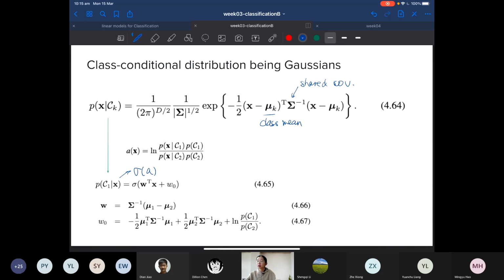And the claim for this page is that if the class conditionals are Gaussians with shared covariance and separate means, then the A term is a linear function of X. Right. So this slide is sparse in words, but this is the tricky bit. So how do we see this? We do so by essentially plugging it in, right?